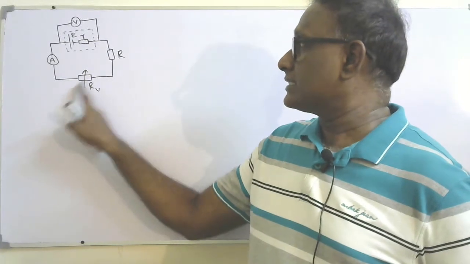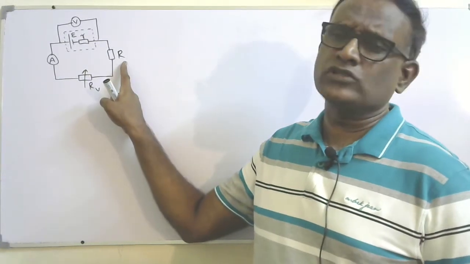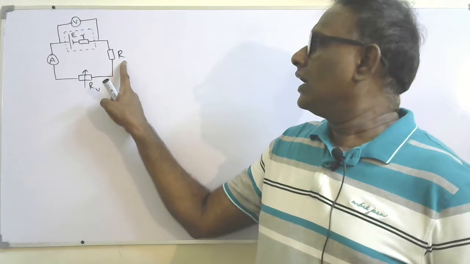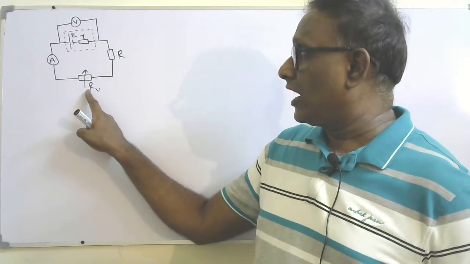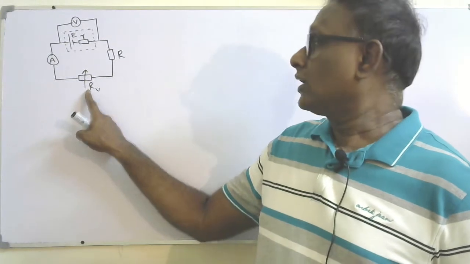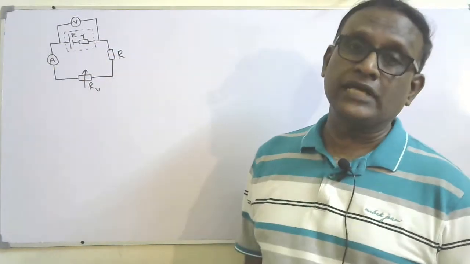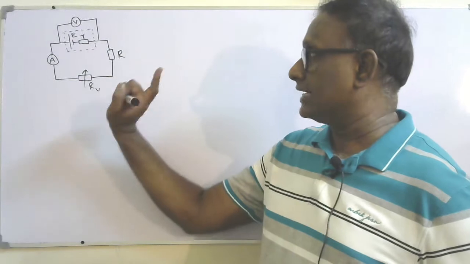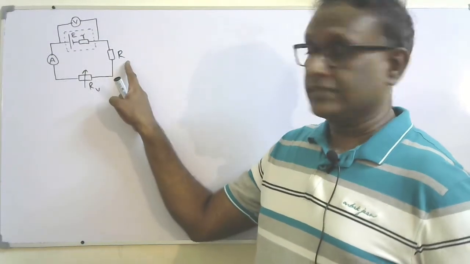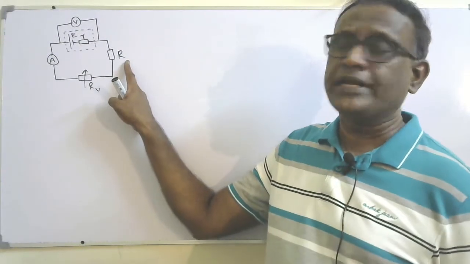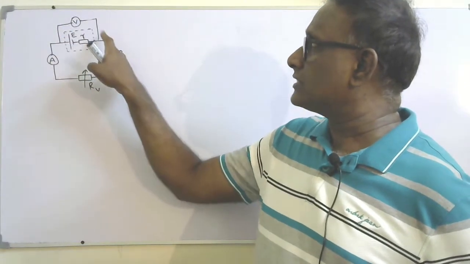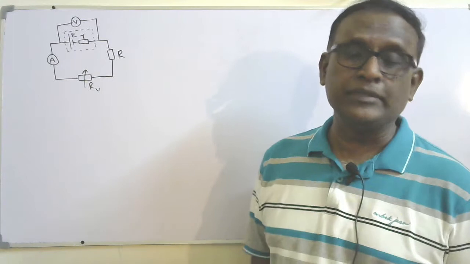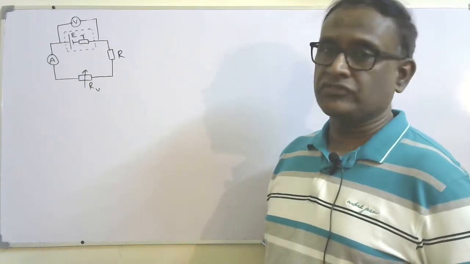A variable resistor, and a resistance of almost 20 ohms I can use for the protection of the battery, because in case RV becomes 0, it will become a short circuit. There will be high current flow that can damage the cell. So to protect the cell, a low resistance, something like 20 ohms, is connected. A voltmeter is connected across the terminals of the cell. So the voltmeter will read the terminal potential difference of the cell.